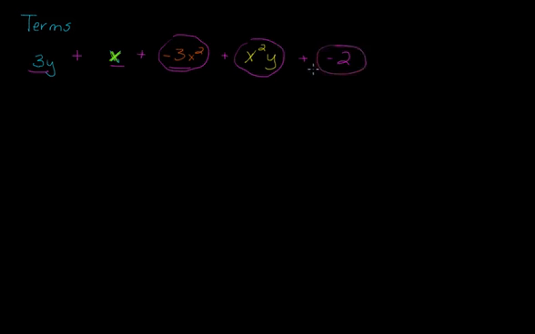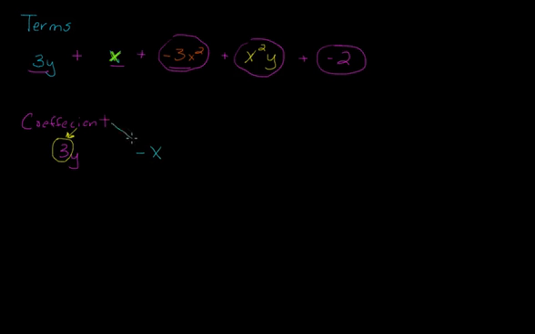Now, we also need to know what a coefficient is. The coefficient is the number in front of the variable. So if we have 3y, the coefficient is 3. Now, this is where it gets tricky. Let's say that we have negative x.